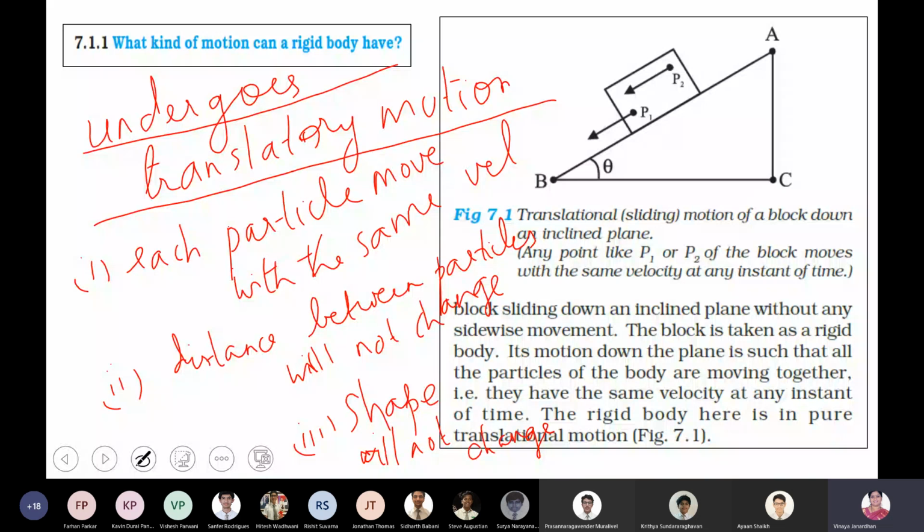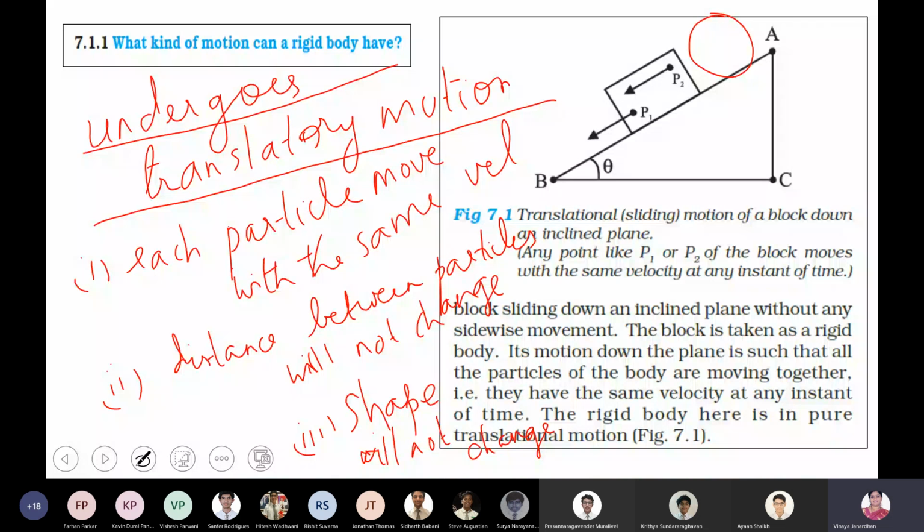Rotational, then sliding, translatory motion. It keeps moving from one point to the other point. So when a sphere is rolling down an inclined plane without slipping, two types of motion you can see. One is translatory motion. The other one is rotational motion.